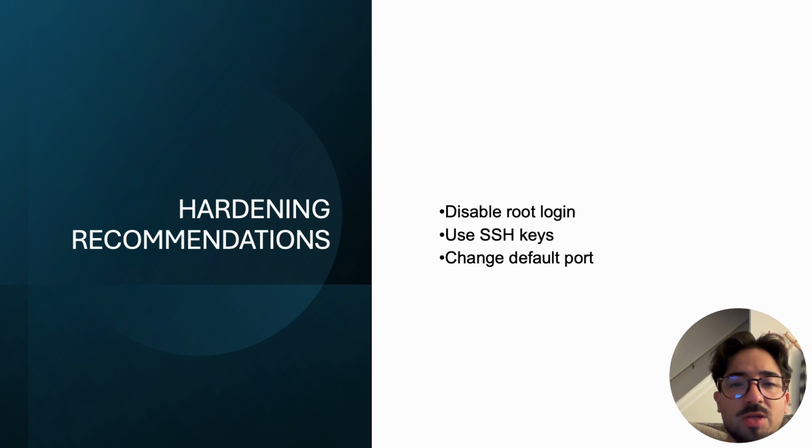Third, changing the default port from 22 to another port can help reduce automated attacks. Many attackers scan only common ports, so changing the port can reduce the number of unauthorized connection attempts. Together, these recommendations significantly improve the overall security of the SSH service.